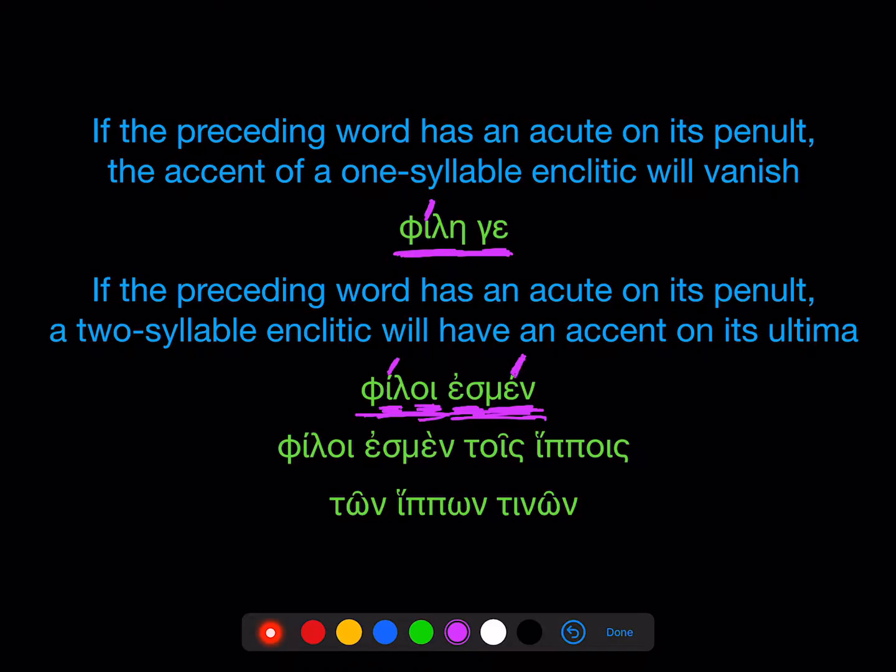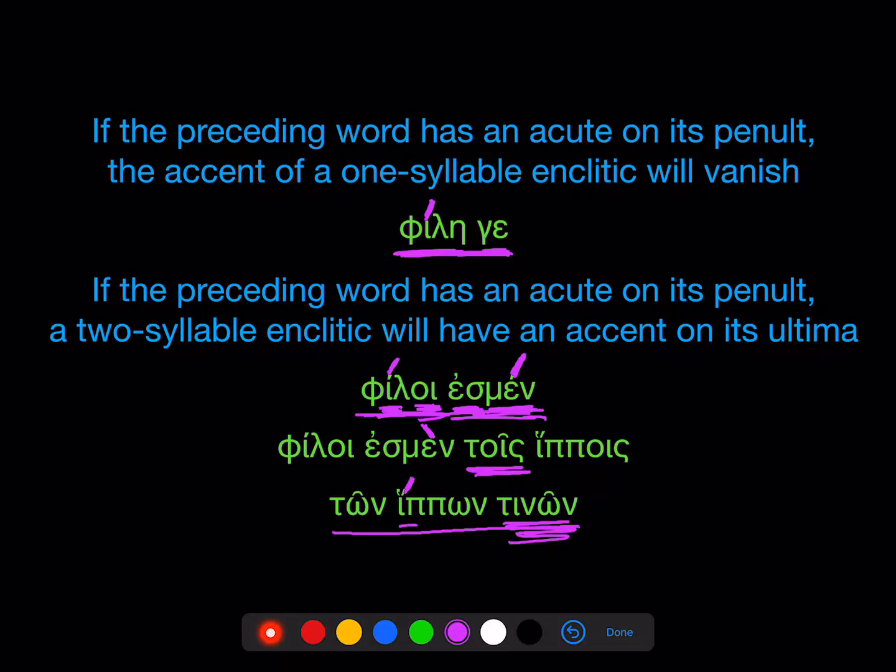Note that this acute, when followed directly by another word, becomes a grave. Okay? Let's look at this one, right? Tinōn, that's another enclitic. So, tōn hippōn tinōn. Again, we have an accent on the penult of hippōn, followed by this disyllabic enclitic.